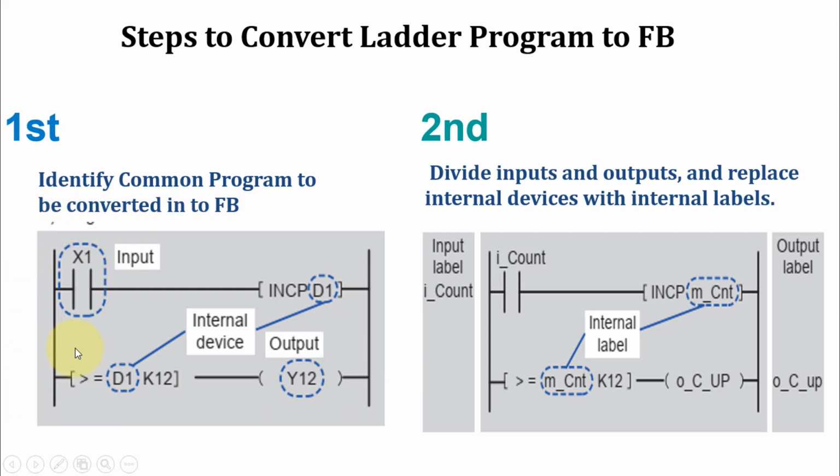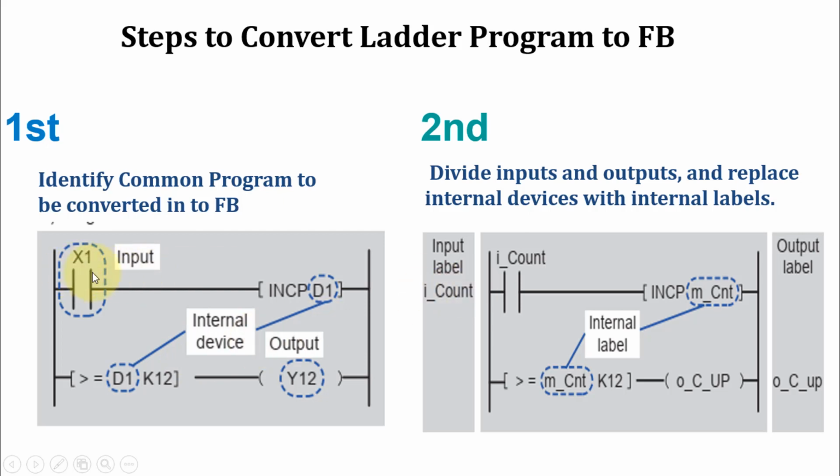Now the next step is to find out the input and output devices in this. x1 is the input device, y12 is the output device, and d1 is the internal device over here. The second step is to replace these input, output and internal devices with labels.